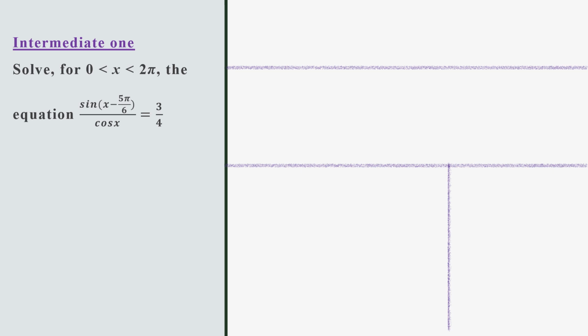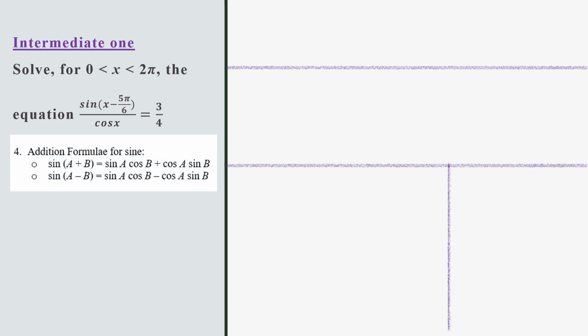If you have familiarized yourself with all the formulas, you will realize that this value here will require you to apply the addition formulae for sine. For some of you who are not familiar with the formulas, you may be making this kind of mistake.